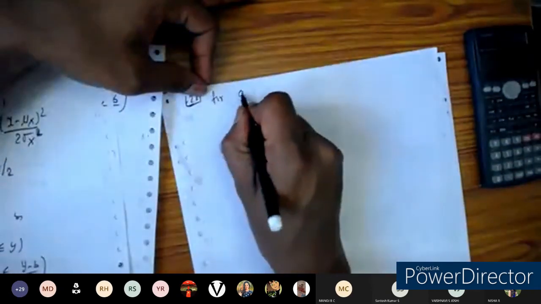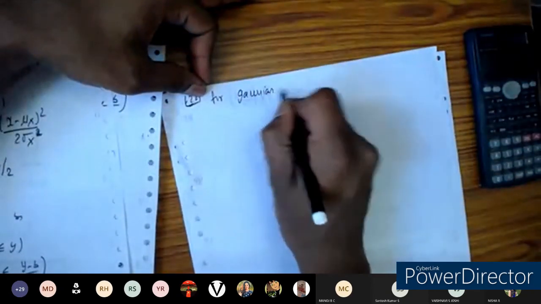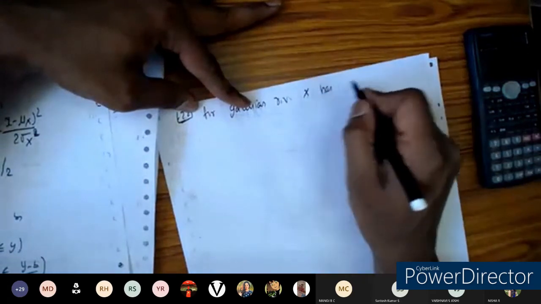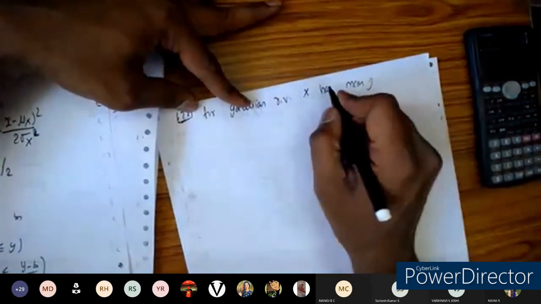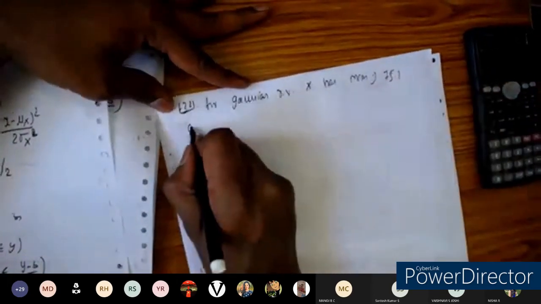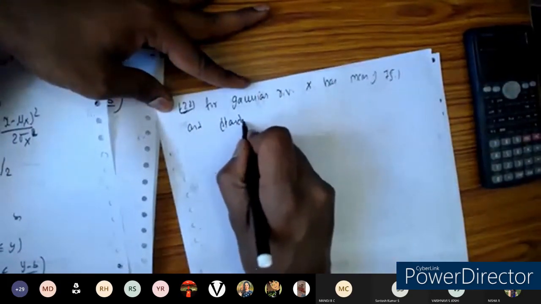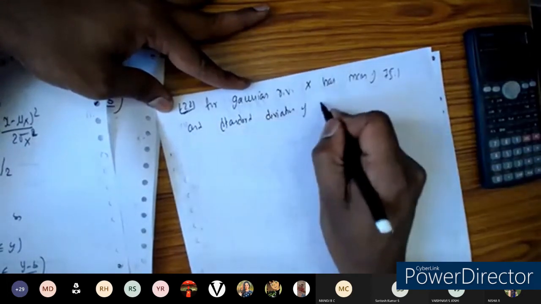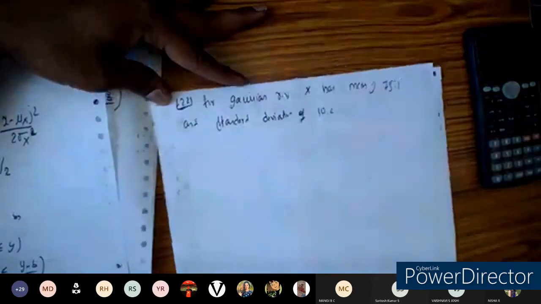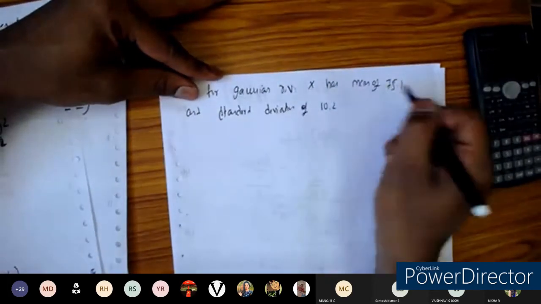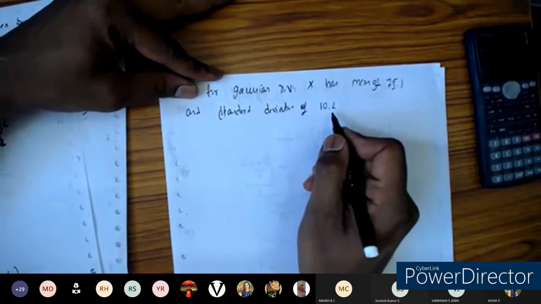For the Gaussian random variable, X has a mean of 75.1 and standard deviation of 10.2. Any doubts? A Gaussian random variable X has a mean of 75.1 and standard deviation of 10.2.